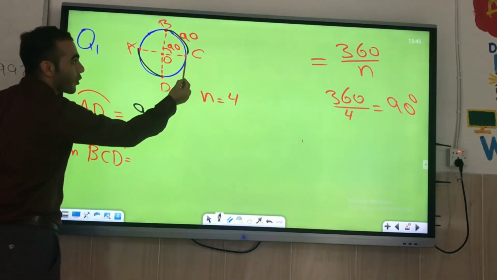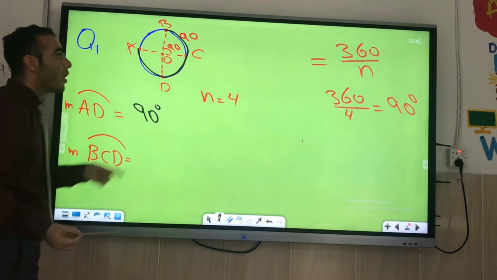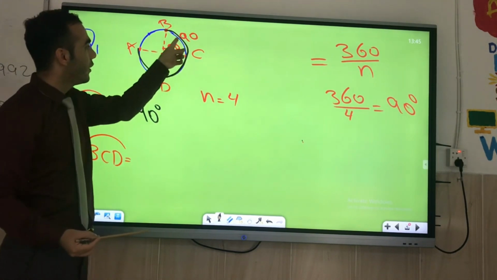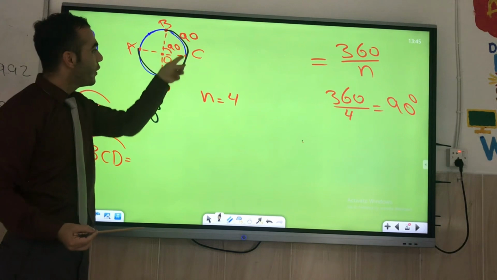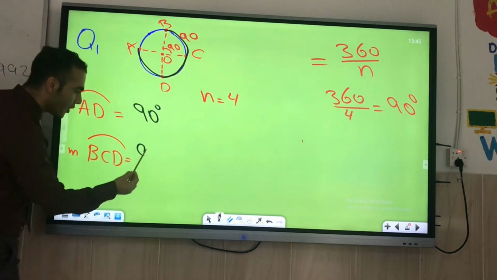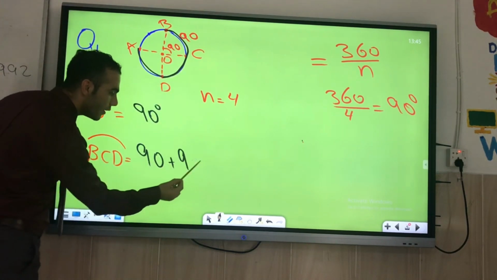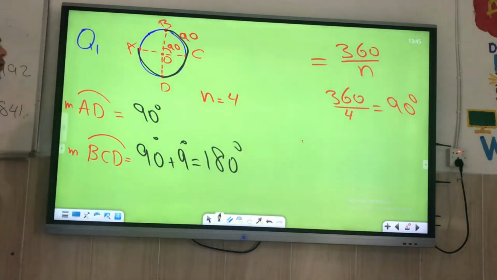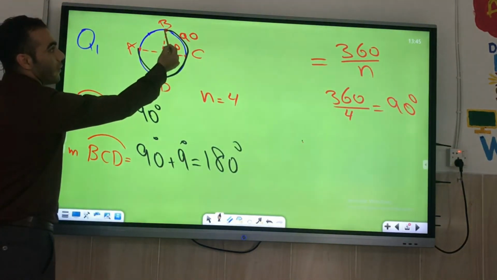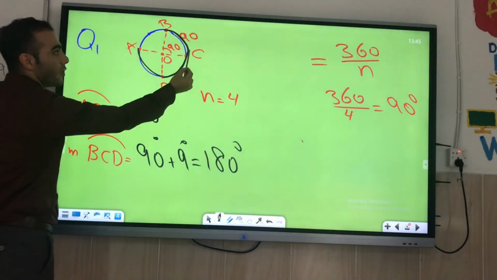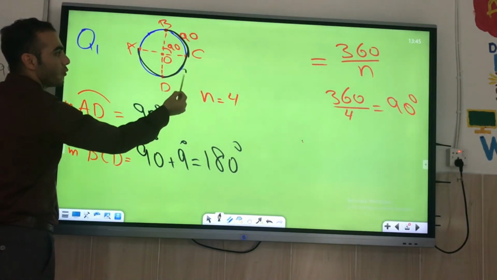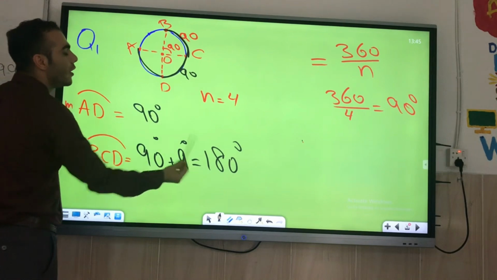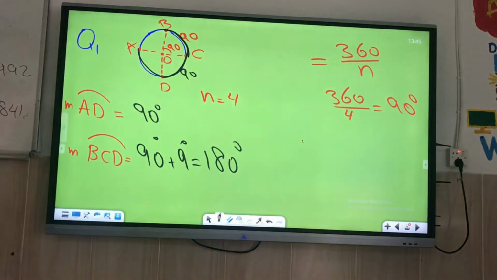From B, we will come to D. How many equal arcs will it take? It will take 2 congruent arcs. So it means 90 plus 90, 180 degrees. Okay guys, so look, one more time, the arc up to C is equal to 90 degrees, and from C to D is equal to 90 degrees. So 90 plus 90, 180 degrees.